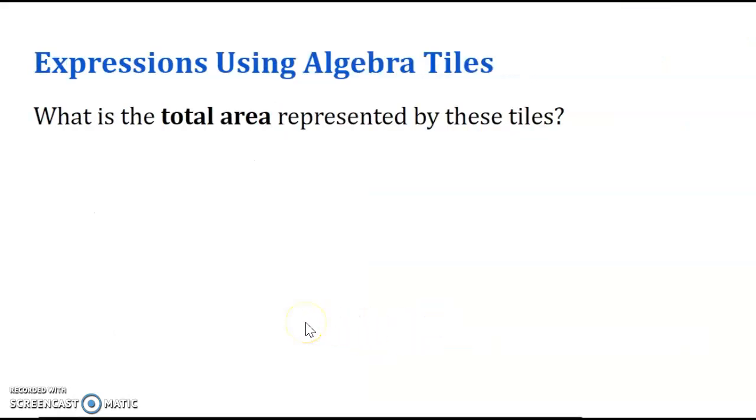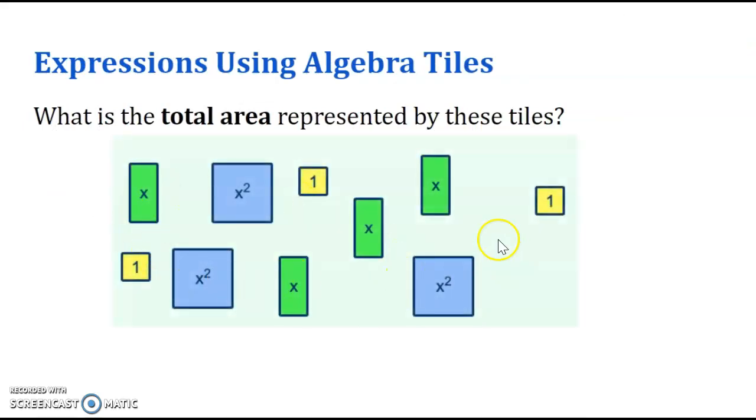Alright, so then what is the total area represented by this tile? If you see this picture, how many x squares, x's, and 1's do you see? Well, I see 1, 2, 3 x squares, and I see 1, 2, 3, 4 x's, and I see 3 1's. 1 plus 1 plus 1. Okay, can I ever add x squared with x?